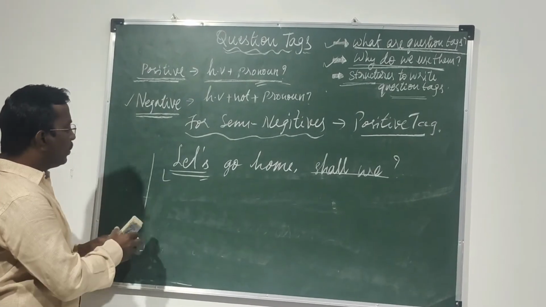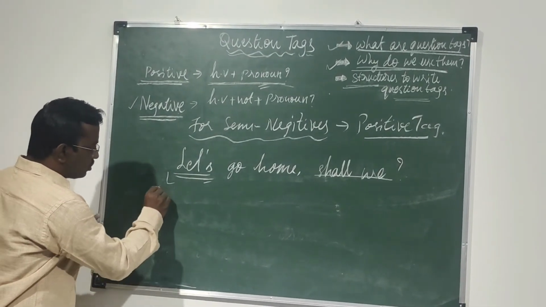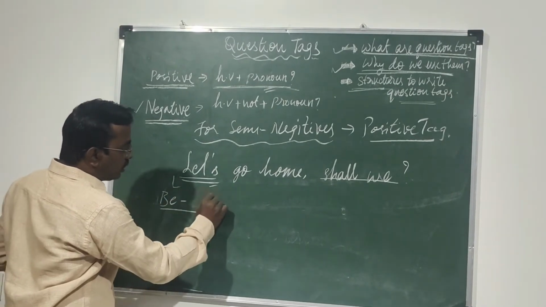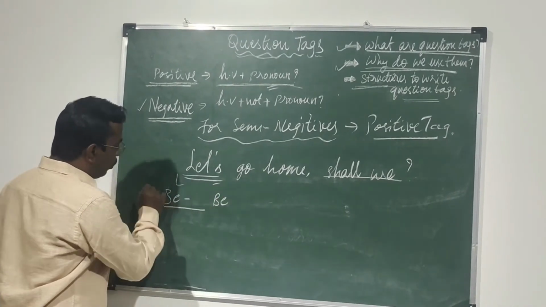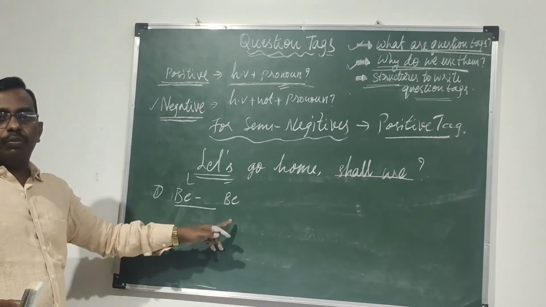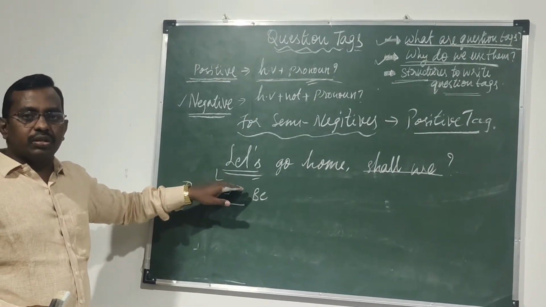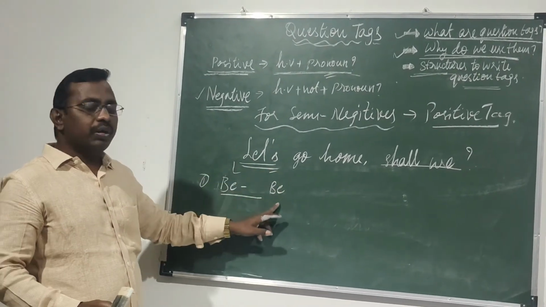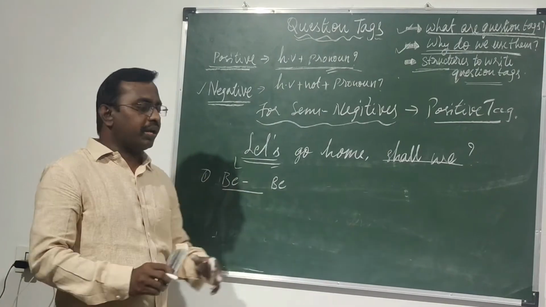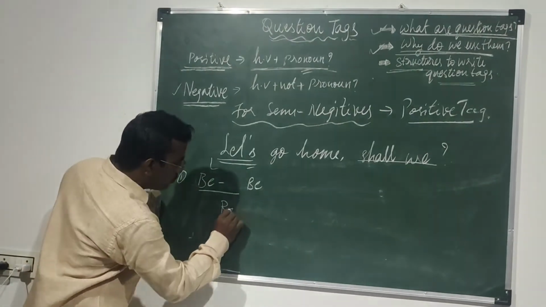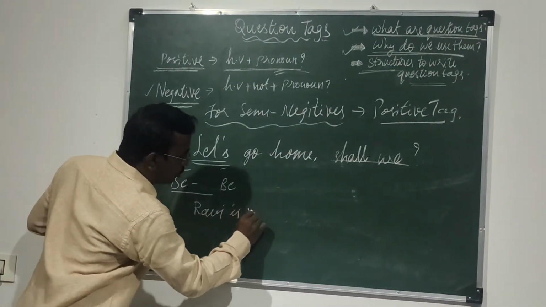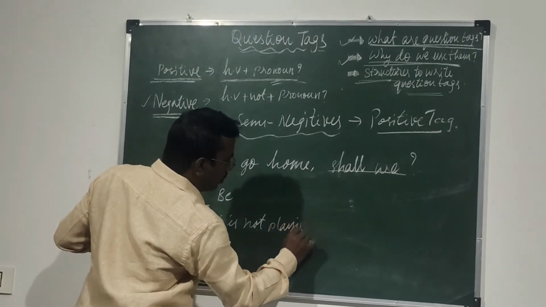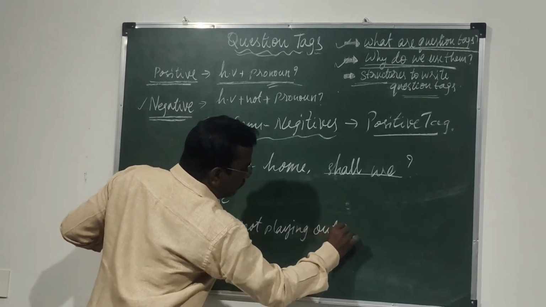If there is a be form in the sentence, in a statement, in question tags, we use the same be form as helping verb. For example, Ravi is not playing outside.